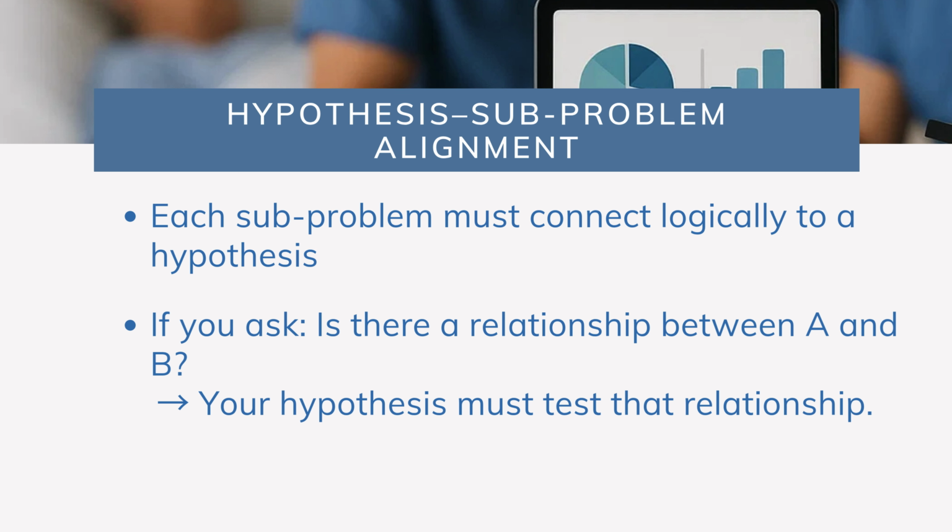That is incorrect. Your study lacks focus and structure. It creates confusion and it may even invalidate your results because your data will not answer the questions you originally posed.